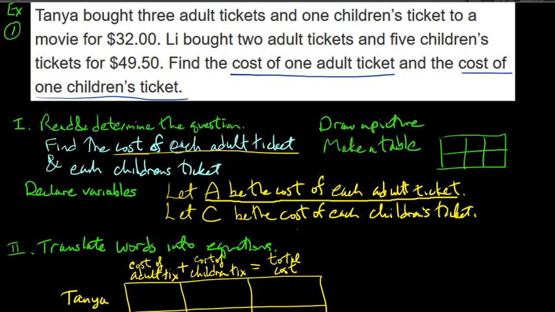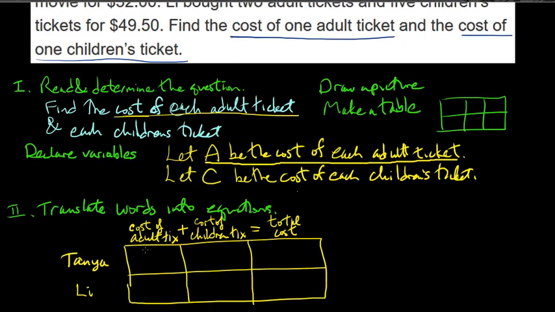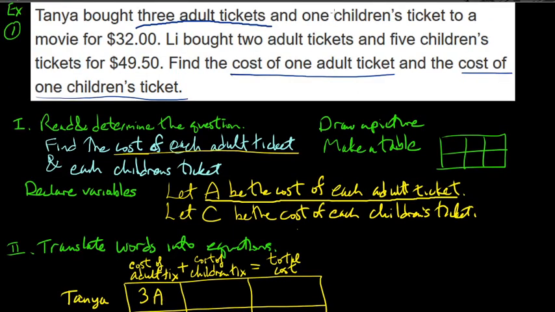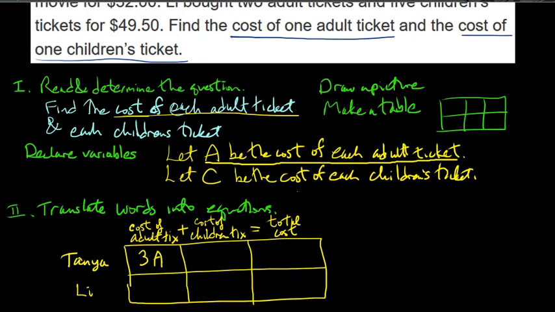And because there are 3 tickets, we multiply 3 times A. Does that make sense? So 3 times A is the cost for 3 adult tickets. Right? And then 1 children ticket. So that's going to be 1 times C.